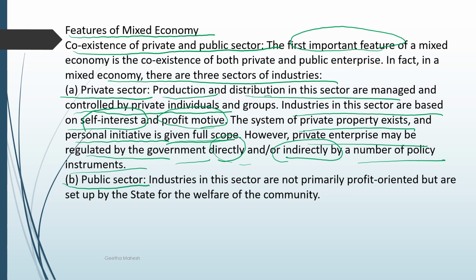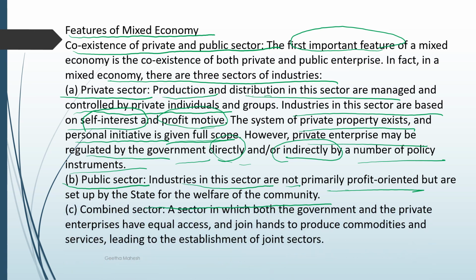Next one is public sector industries. In this sector, industries are functioning and they are not primarily profit oriented, but they are set up by the state for the sake of welfare of the community.